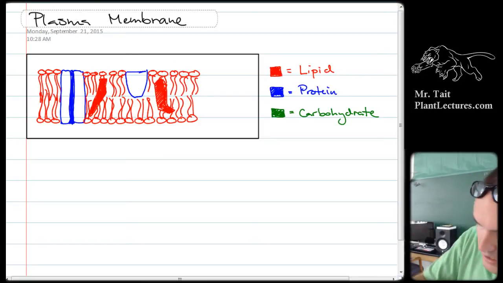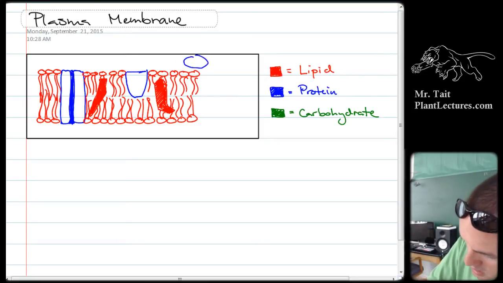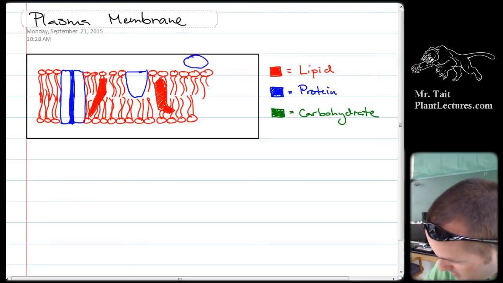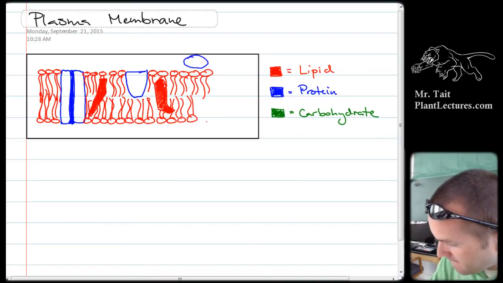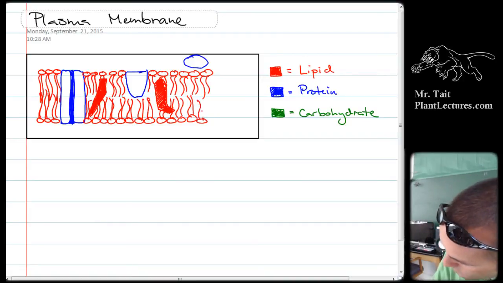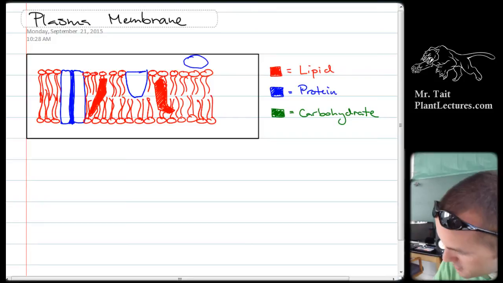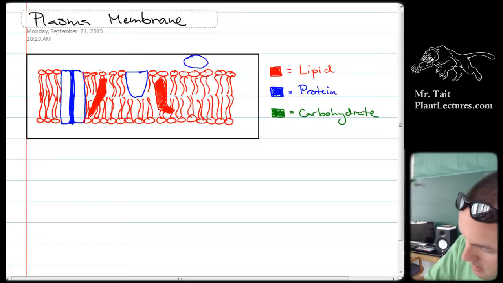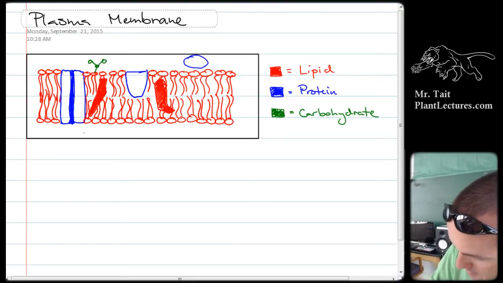Maybe over here there is another protein, but this protein is just hanging out outside of the membrane like this. We got more phospholipids in here. And the last thing we see, we haven't used any of our green yet. The green is actually going to be on the outside, embedded into different parts like this.